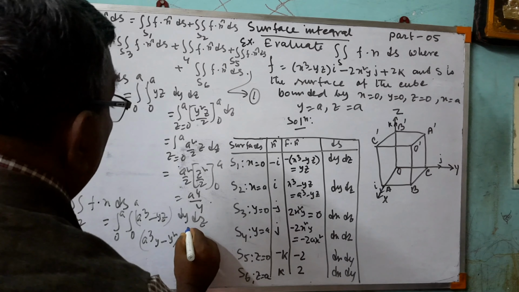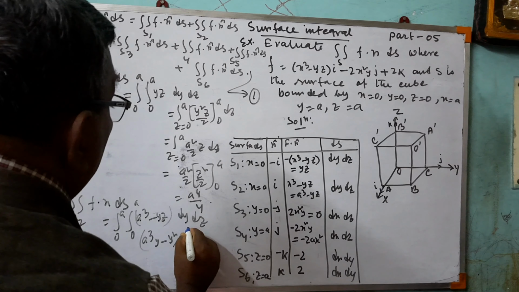Again, upper limit minus lower limit, that is a to the power 4 minus a square by 2 z, dz, 0 to a.